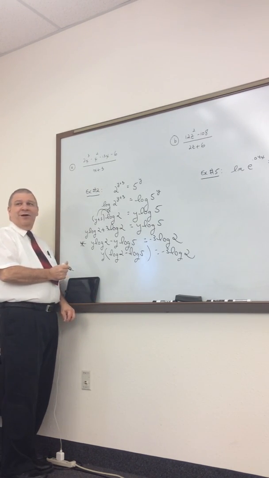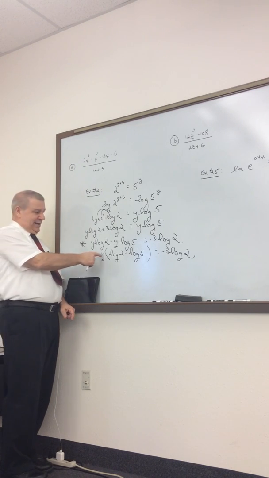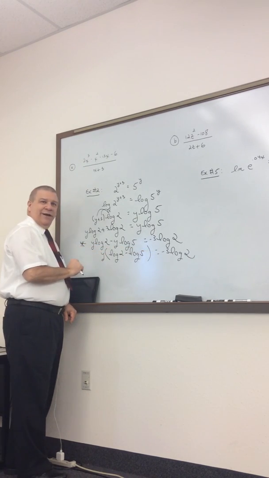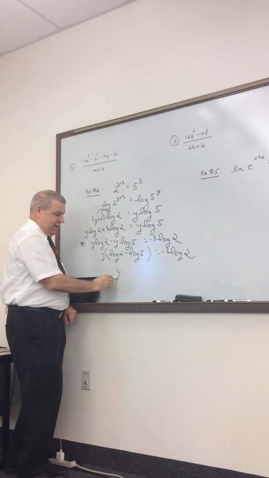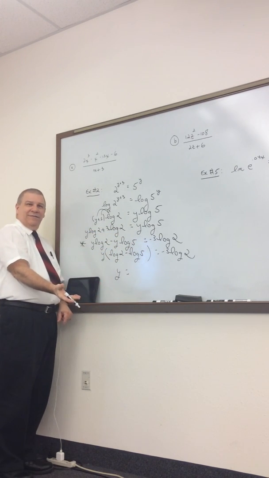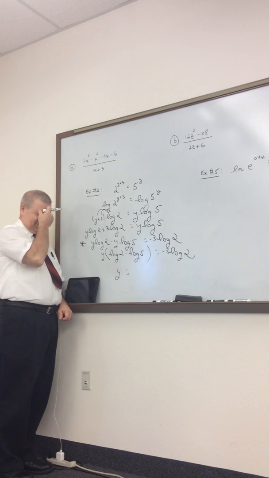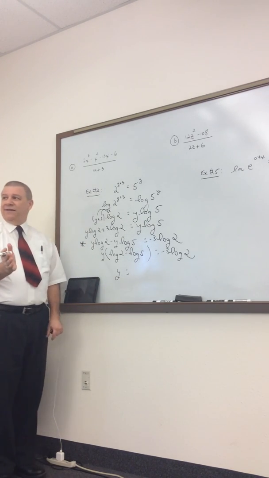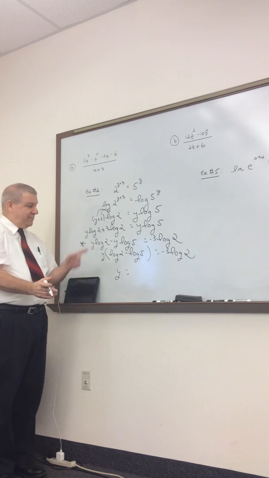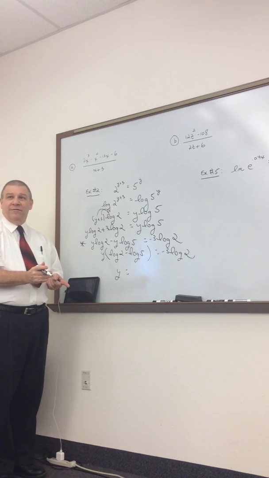Come on, guys, it's not a hard step. I got y times that whole quantity equals that. I just want this to be y. Fisher. Divide both sides by the quantity. Did you hear that? Divide both sides by that entire quantity.